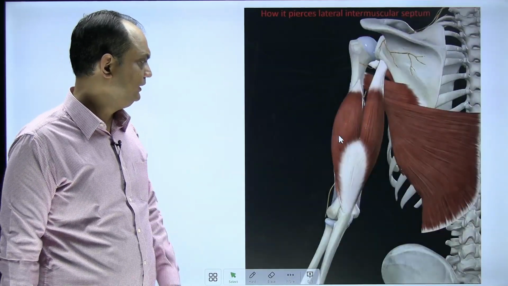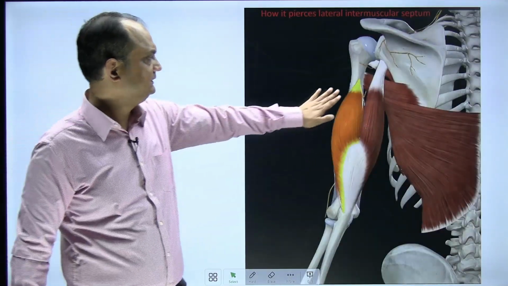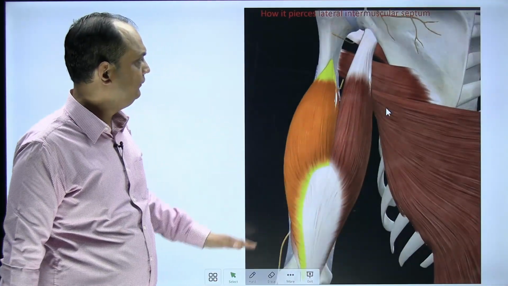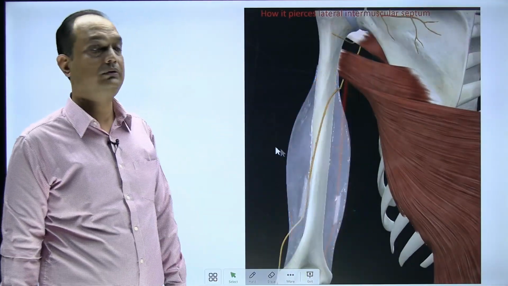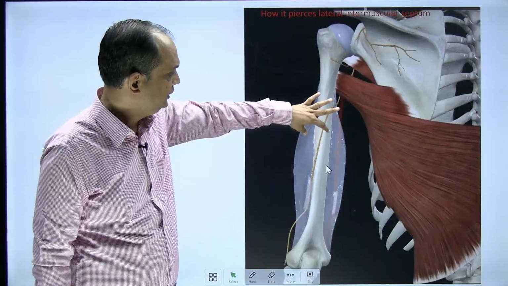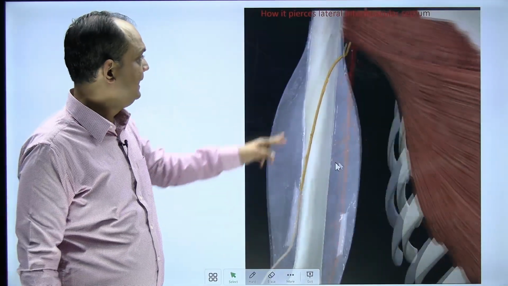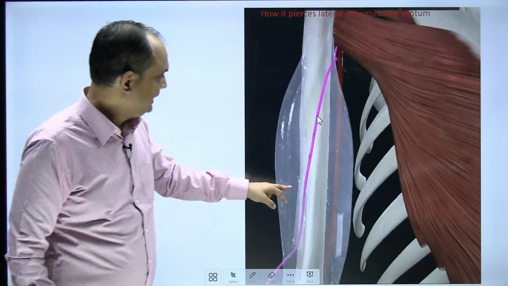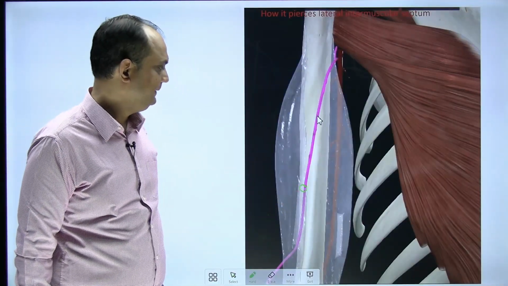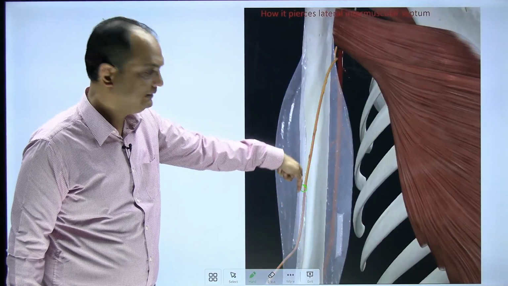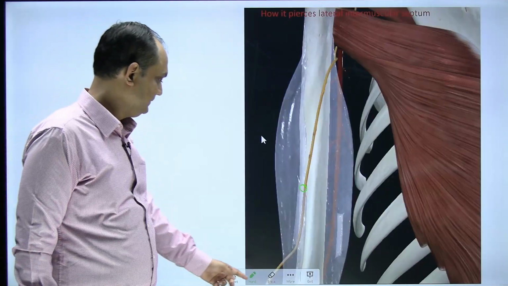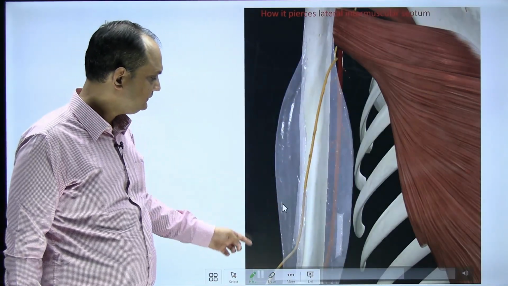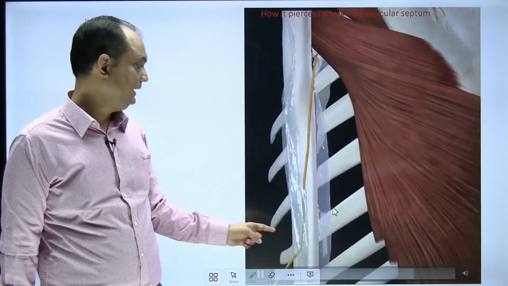So now in this video clip, you can see that this is the posterior aspect where you have the triceps. Now if you remove the triceps, you will have the posterior view of the intermuscular septa, and you can see this is the radial nerve present in the radial groove. At this point, what is happening? The nerve is piercing the lateral intermuscular septum, and after piercing, this nerve will go to the anterior side.